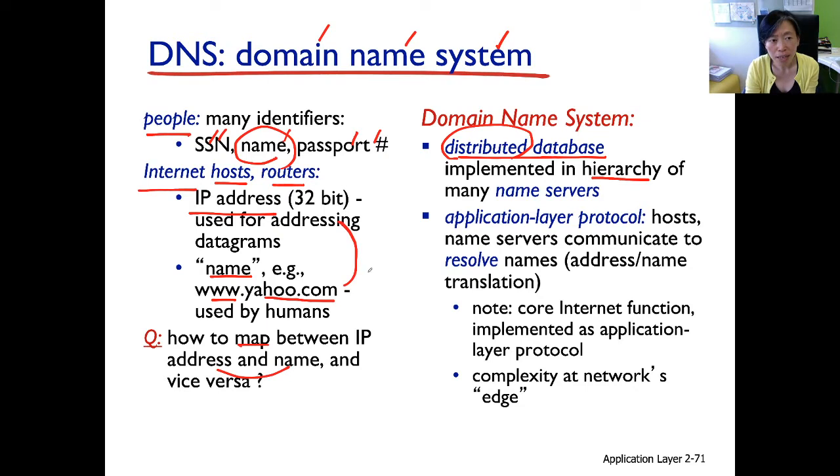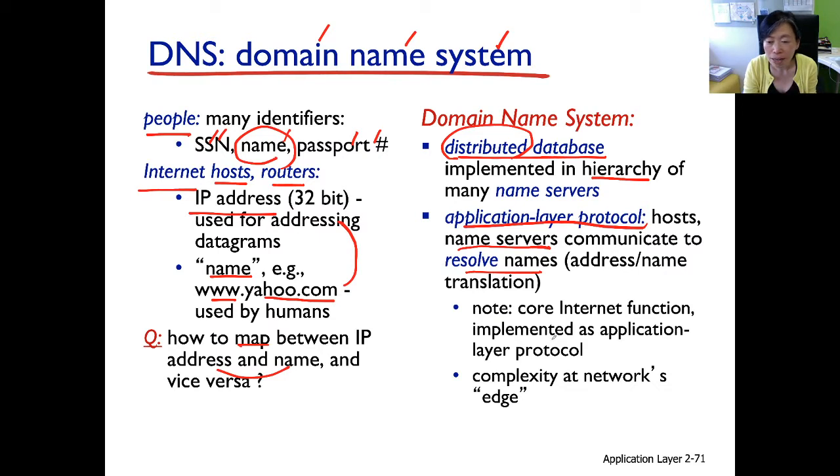So it seems that the application layer protocol HTTP needs to work with DNS, which is also an application layer protocol, in order to operate correctly. DNS, in fact, works with multiple of these application layer protocols, not just HTTP. Name servers help all these application layer protocols resolve names to IP addresses.